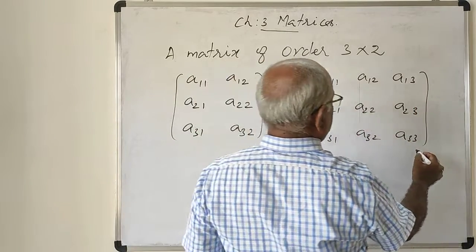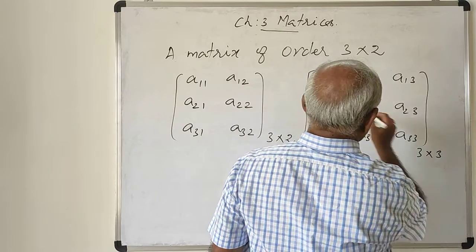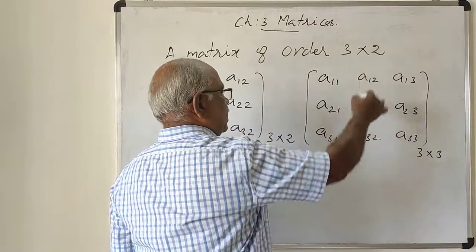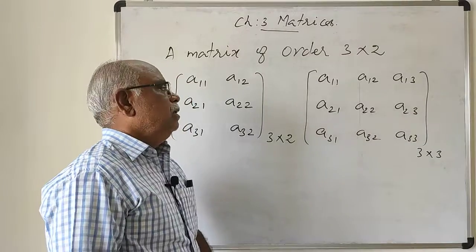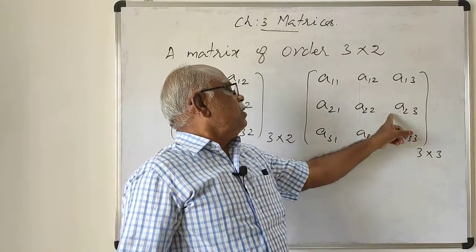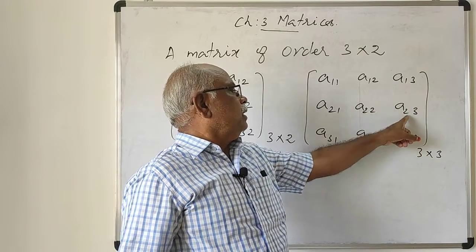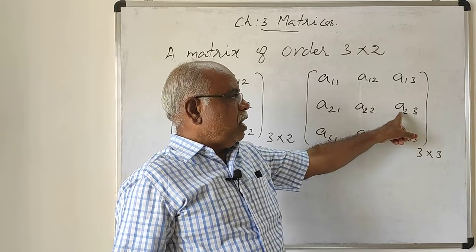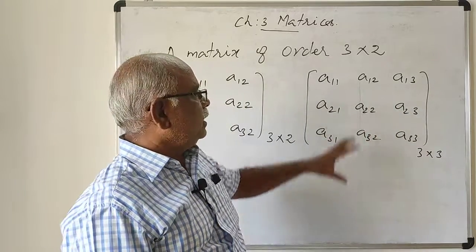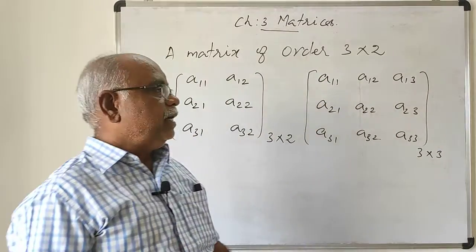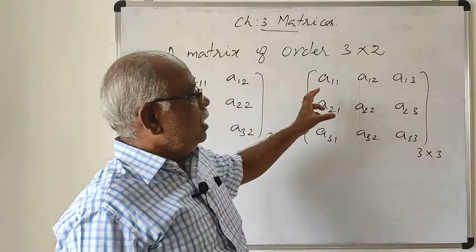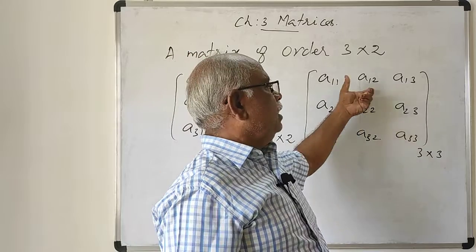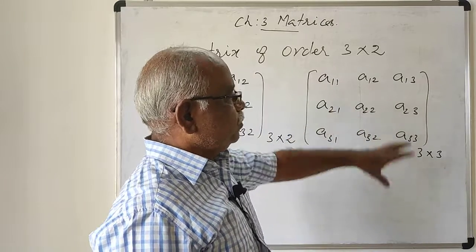This is a matrix of order 3 by 3, consisting of 3 rows and 3 columns. A23 is an element in the second row and in the third column. Like that, the elements of a matrix are expressed.